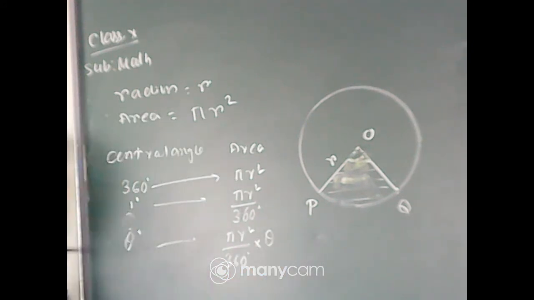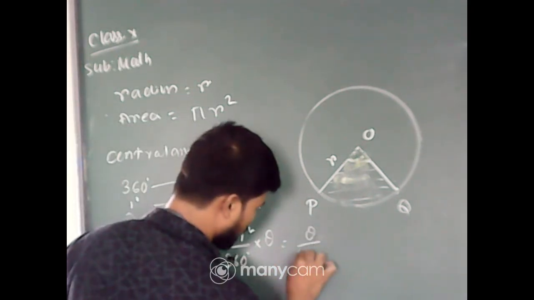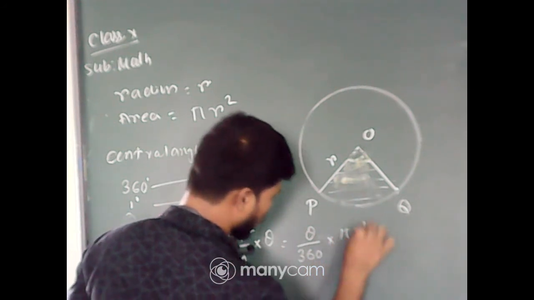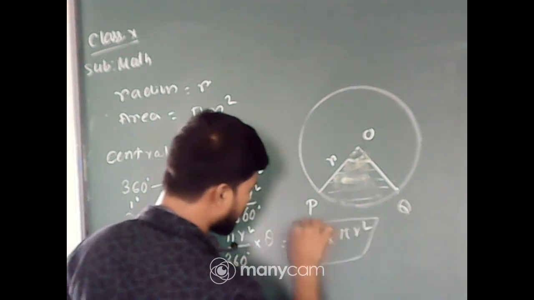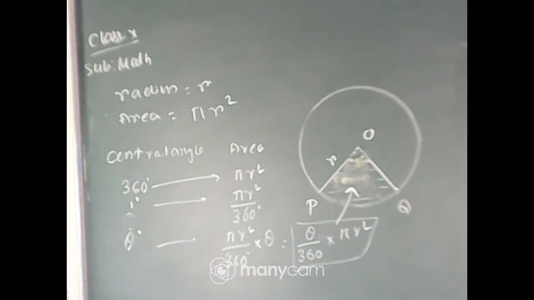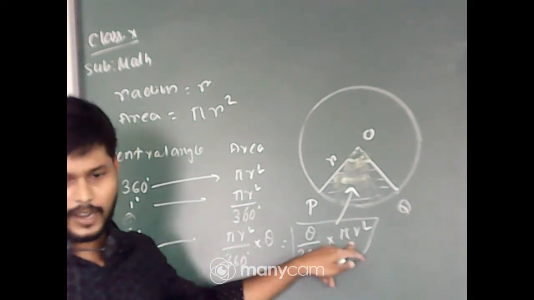We are just doing the unitary method. Clear? Now this can be written in the form theta by 360 degree into pi r square. This is the area of this minor sector. So the formula for a sector is theta by 360 into pi r square.